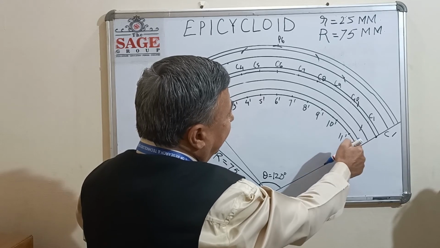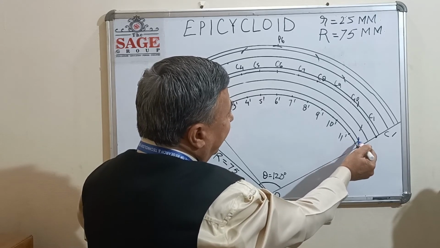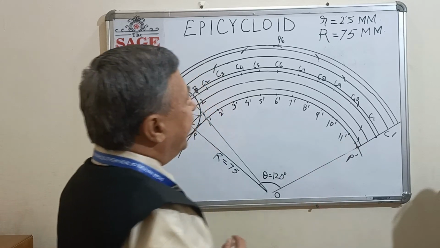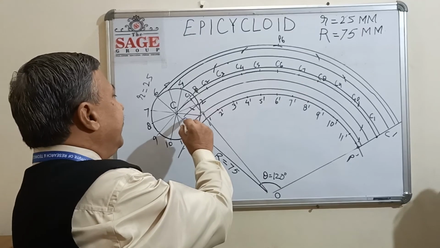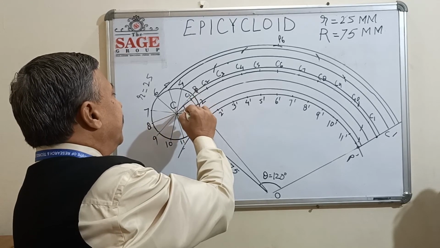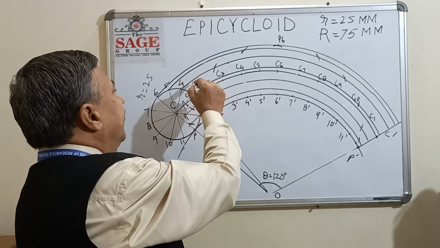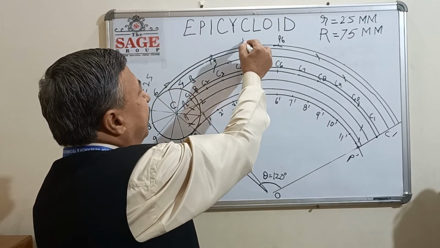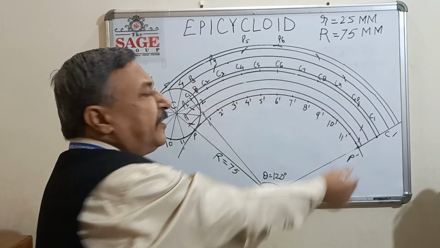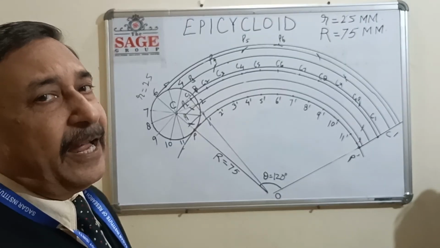This is 11, not here, this is here on 11. Okay. So we can give the names of these points P1, P2, P3, P4, P5, P6, P7, P8, P9, P10 like this.